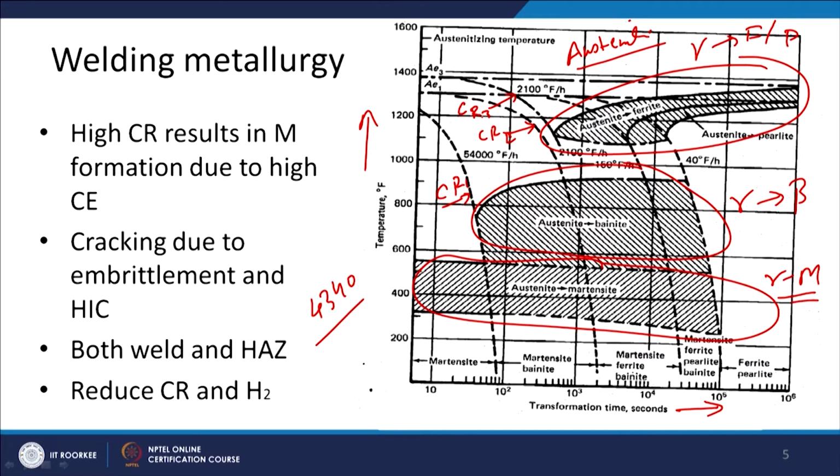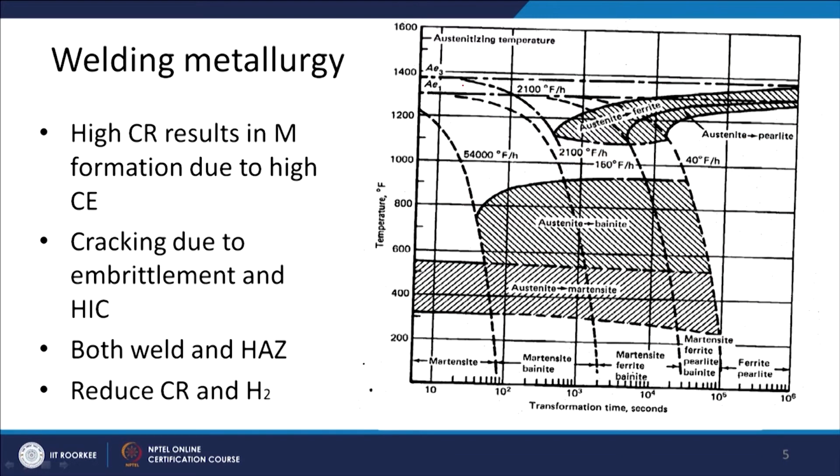If we try to understand what happens when the steel is cooled very slowly, first the austenite transforms into the ferrite in this band of the time zone, and then the remaining austenite transforms into the pearlite. So, in this case primarily we will have ferrite and pearlite in the microstructure of steel when it is cooled at, say, 40 degree Fahrenheit per hour.